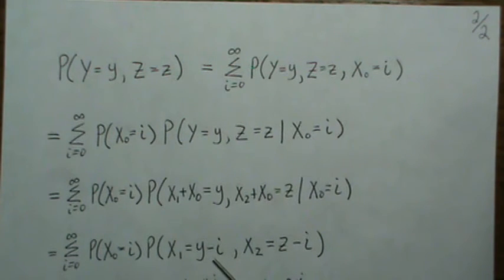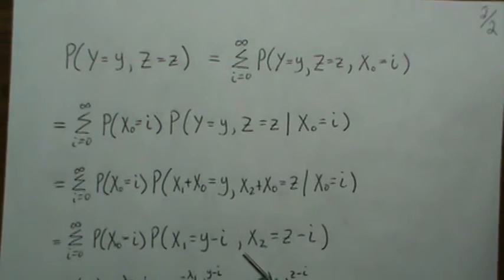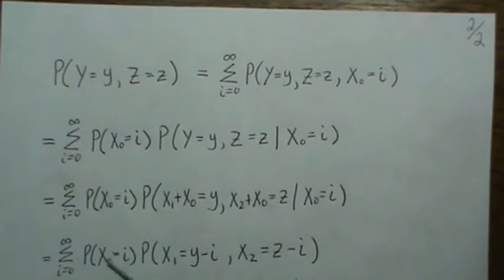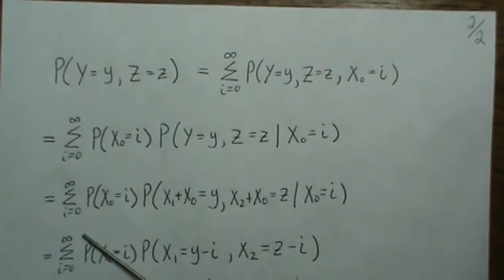So where do we stop summing over i? Well, once we reach whichever is smaller, y or z, is where we have to stop, because then it starts becoming negative.